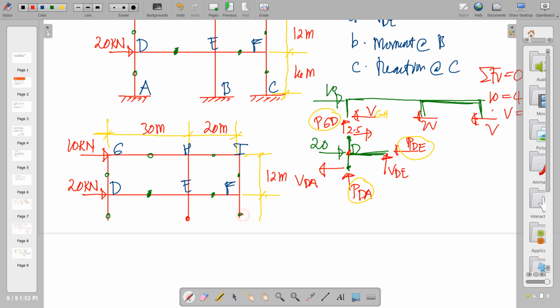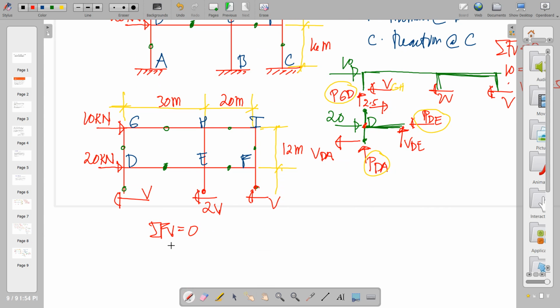It's the point of inflection. So we also compute, this is 2V, this is V, and this is also V. So by summation of forces vertical, we shall say that 4V is equal to 30, hence V is 30 over 4, that is 7.5, and 7.5 is actually your shear at DA, which could be placed here equivalent to 7.5.